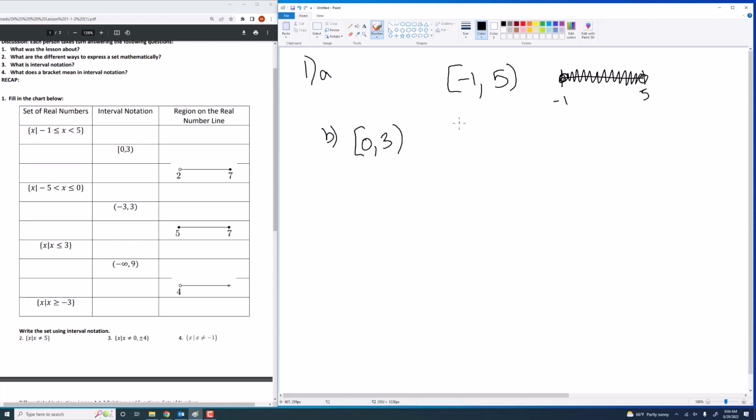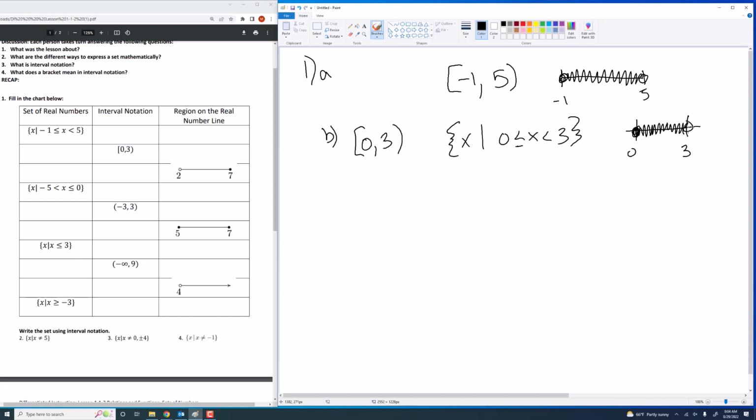So that means that for the set builder, define x such that, now I need to state what x is, so x is between 0 and 3. And then the number line, 0, 3, closed circle, shade, open circle.